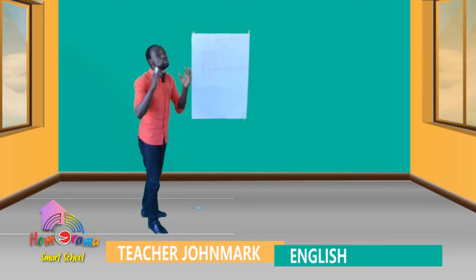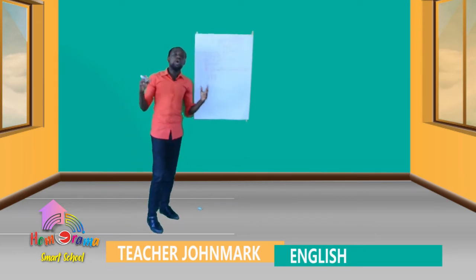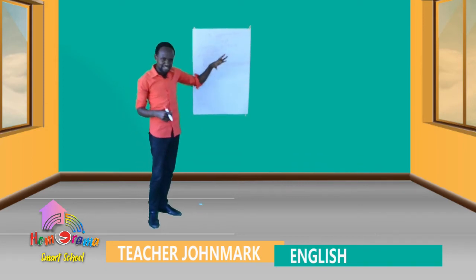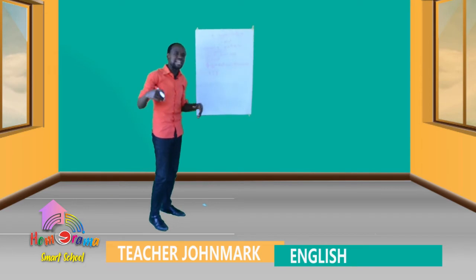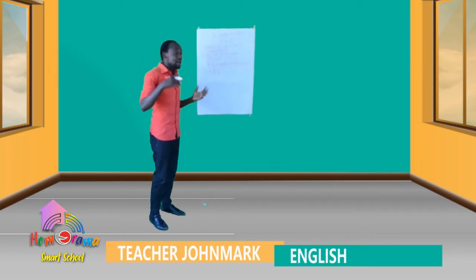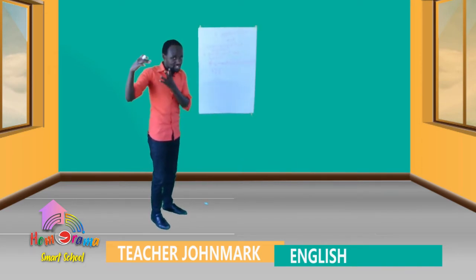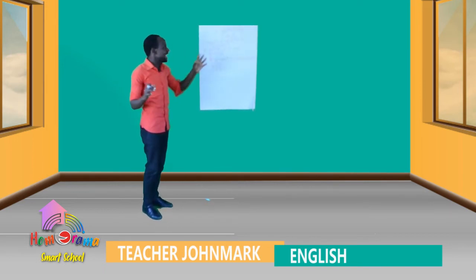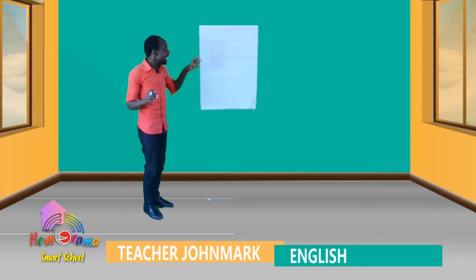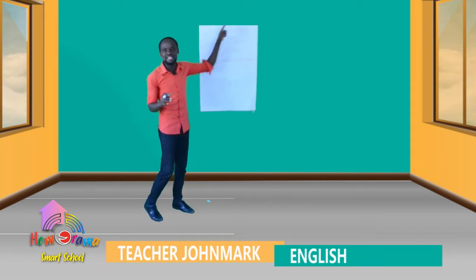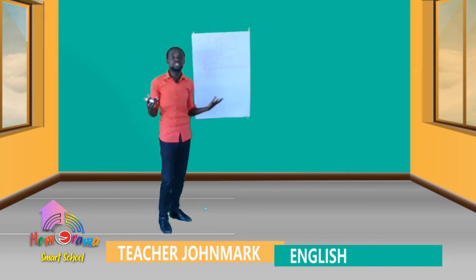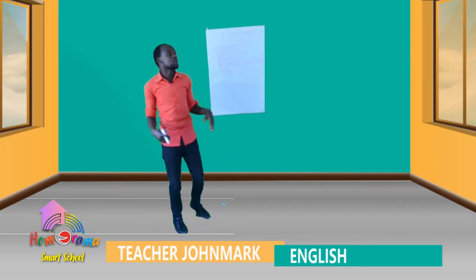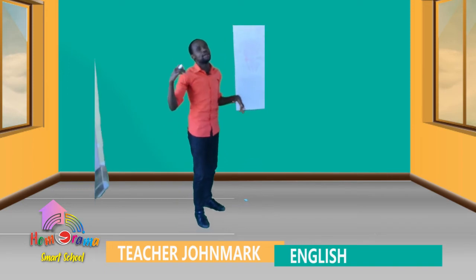Another point that you should note is that not all superlative adjectives end in EST. The number is quite long, but there are some that do not end in EST. An example is beautiful. We cannot say beautifulest. That will be very wrong, but we say most beautiful.